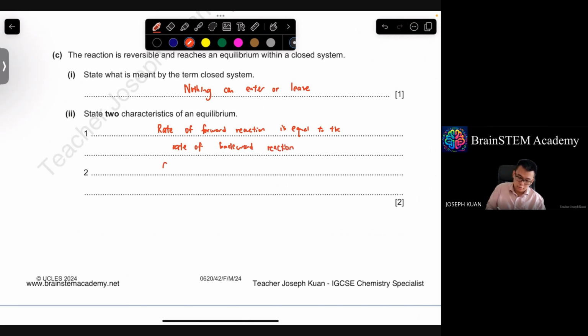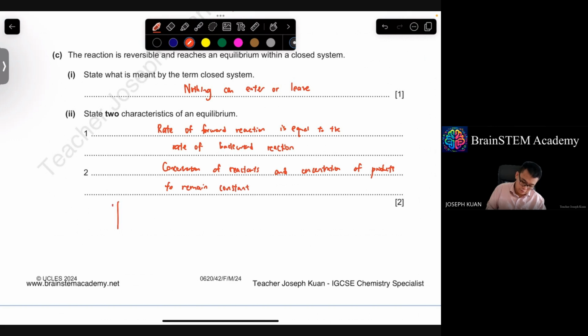Which leads to the concentration of reactants and the concentration of product remaining constant.